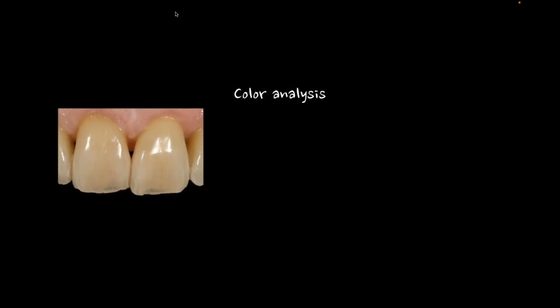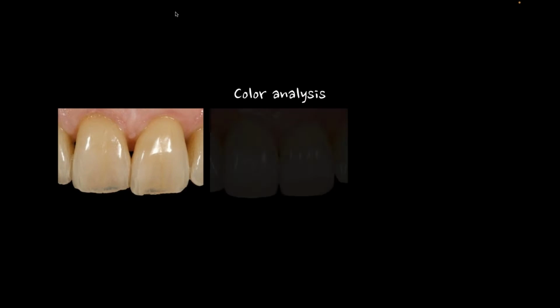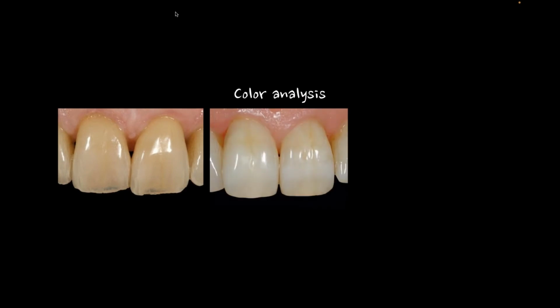When I analyze color and I look at teeth like this, or even this kind of a picture, is there one shade guide that would match any of those teeth? And which one would you pick? Would you pick B3, A2 for the teeth on the left? Would you pick OM1 or 1M1 for the teeth on the right? The question is, none of them are really right, because realistically, those teeth have a lot more to it than what we're seeing.